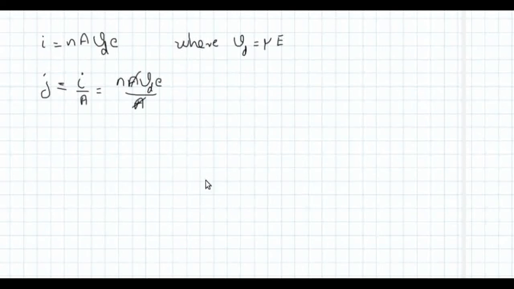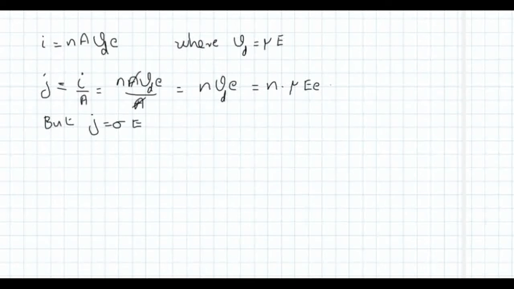It is nAVd divided by A. Thus we get the current density J is equal to n e Vd, where Vd is the drift velocity. And what is Vd? Vd is equal to mu E.